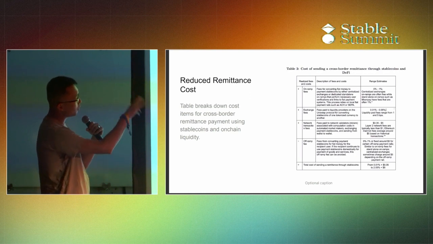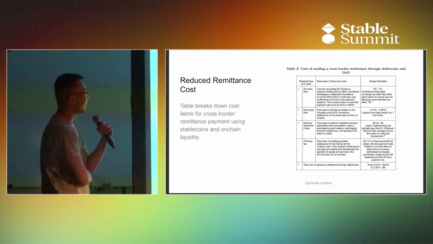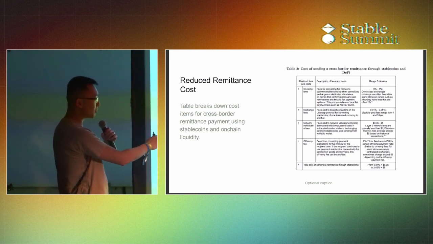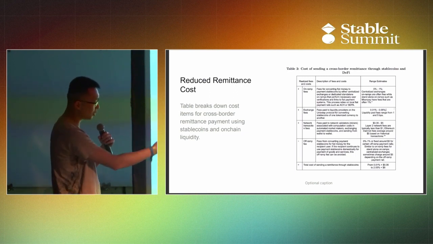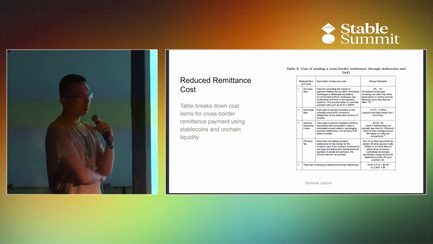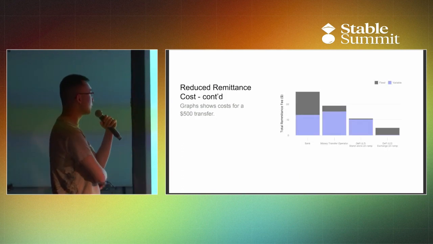I won't go into every single detail, but I think the takeaway is it's kind of cheap. So there's a few costs. There's on-ramp costs, exchange fees, network fees, that's gas, off-ramp fee, and a total transaction. And of course, it varies based on which blockchain you use and how much you're doing your transaction for.